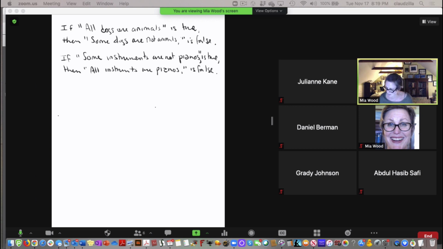So let's think about it this way. Let's nest our circles. Here's a way to diagram the sentence all S are P. So whatever S's there may be, they're all dumped into the P circle. If that's true, then it's impossible for there to be even one S that's outside of the P class.